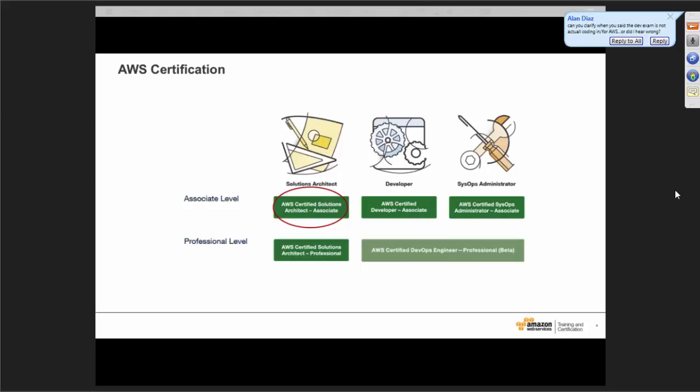Can you clarify what you said? The dev exam is not actually coding in or for AWS. Did I hear that wrong? That is sort of right. You should have some hands-on time with it, but it's more understanding the operation of the API and the operation of the different services and what you can call from the API.